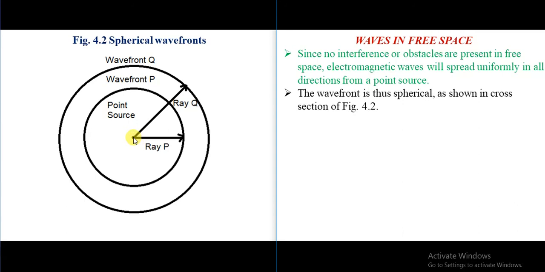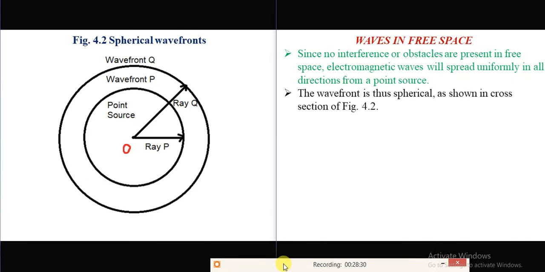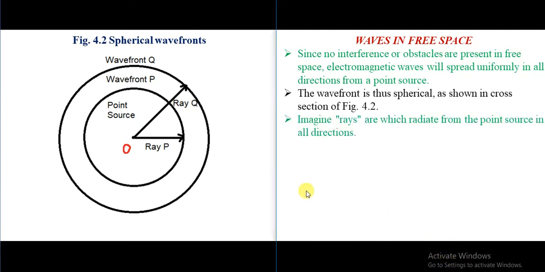So this is a point source. Let us denote this point source as O. Imagine the rays which are radiated from the point source in all directions.